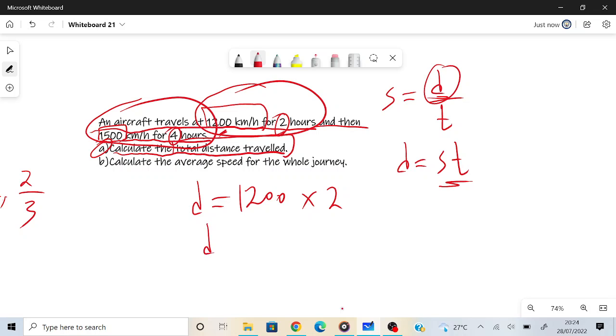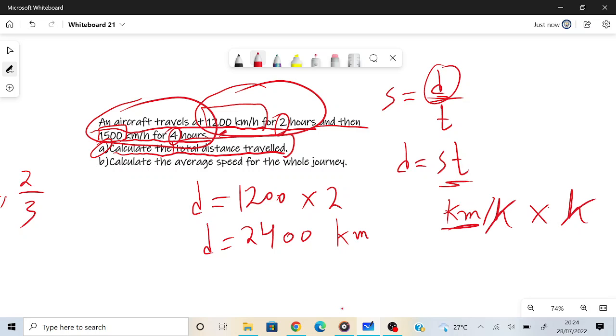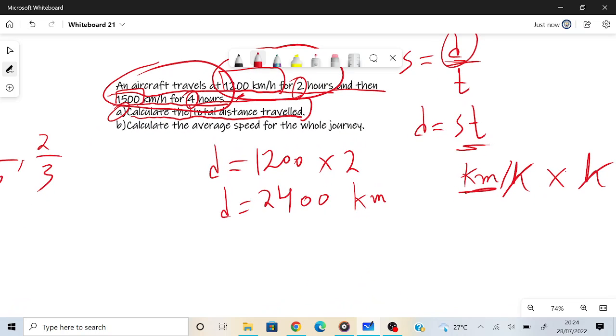Doing this, d should be 2400, and this would be in kilometers, not kilometers per hour, because if you do kilometers per hour times hours, the hours cancel out and you'll be left with kilometers. So for the first piece of information, the distance traveled is 2400 kilometers.